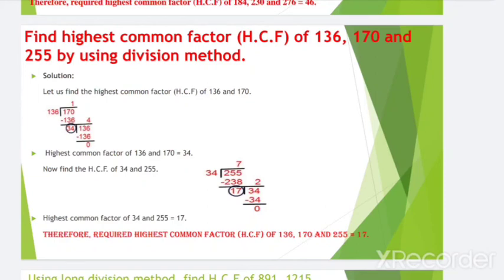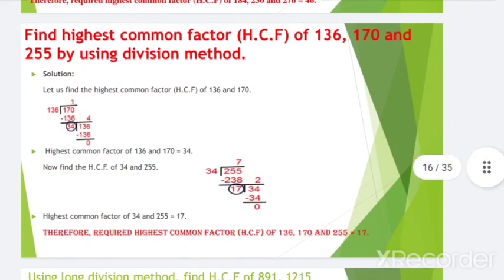To find the HCF of 34 and 255, what do we see? 17 is the HCF of 34 and 255. So children, we can say our HCF of all the 3 numbers 136, 170 and 255 is equal to 17. So what do we see children? Very simple method is here.